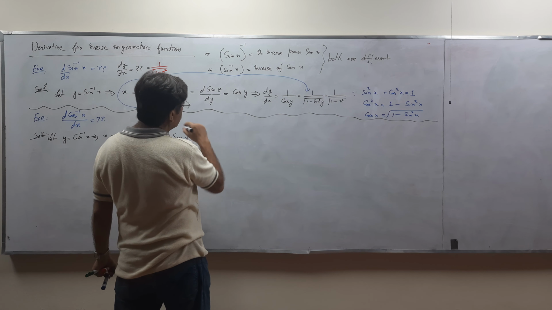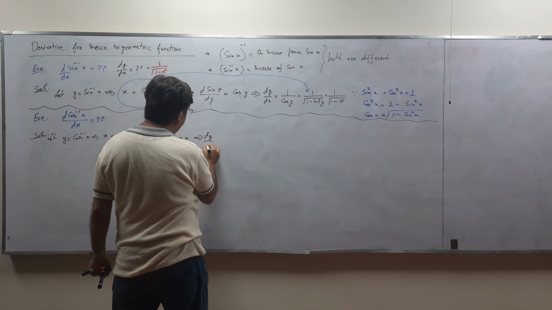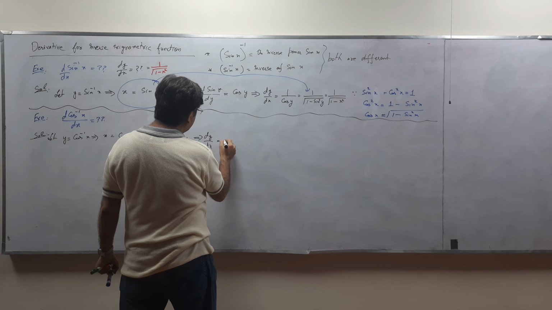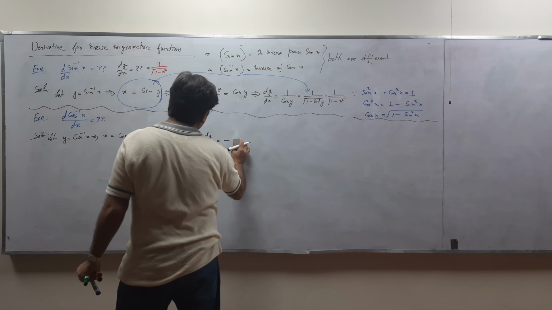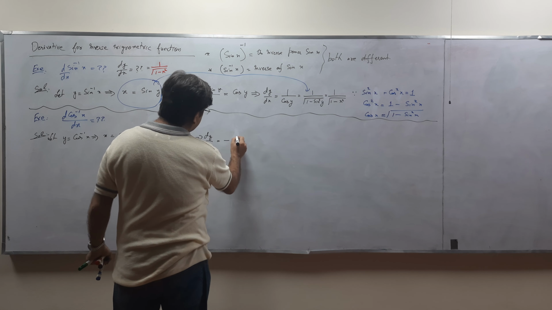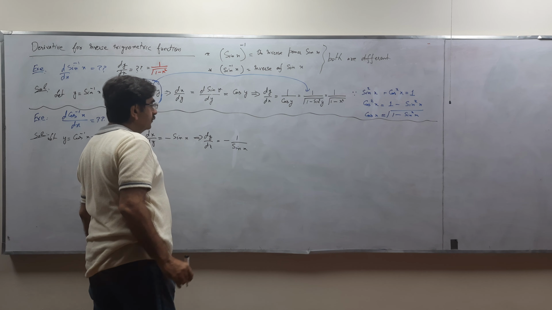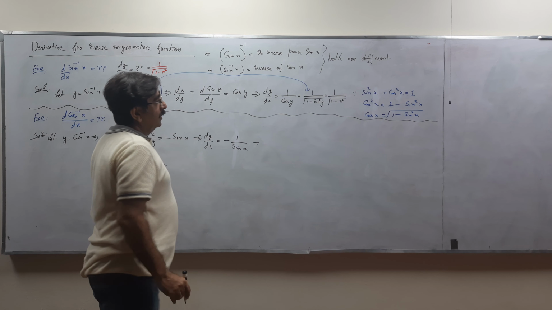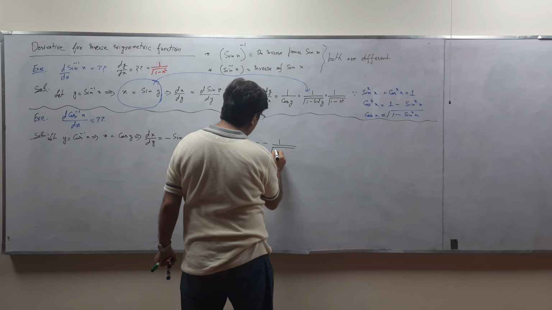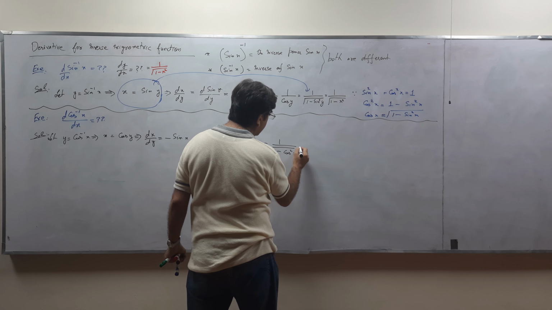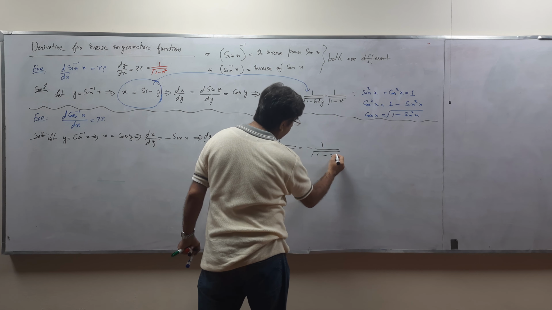So dy over dx, if we inverse it, will be minus 1 over sin y, the same as minus 1 over the square root of 1 minus cos square y, and that will be minus 1 over the square root of 1 minus x square.